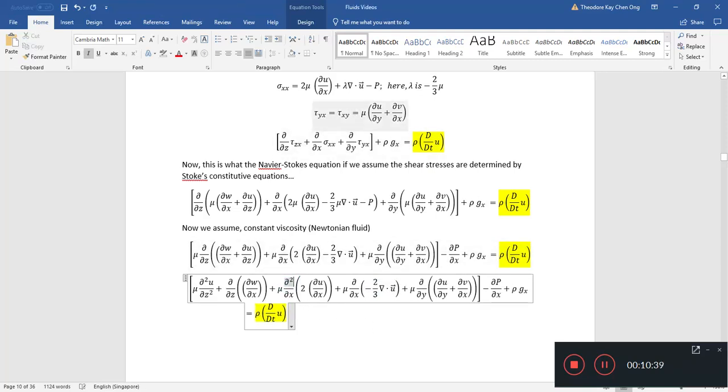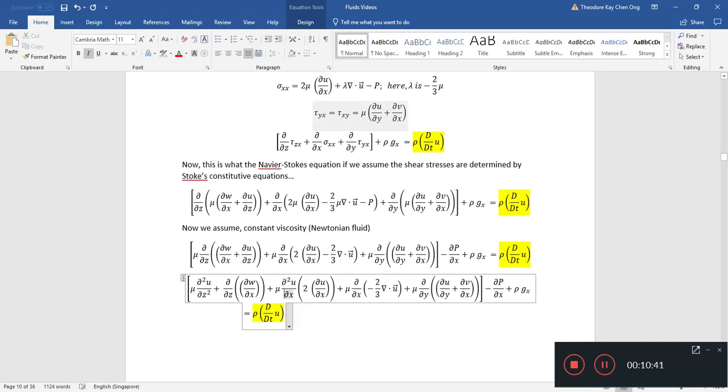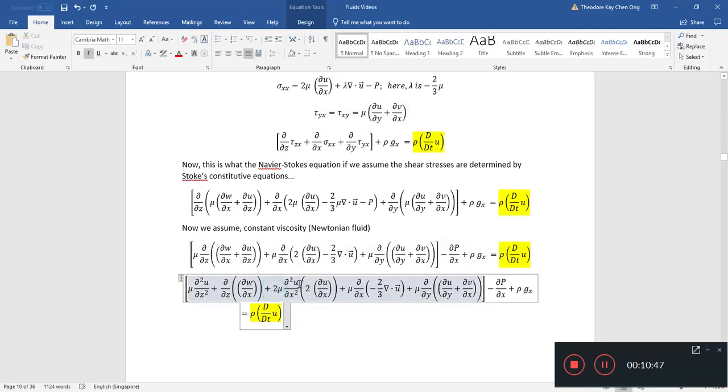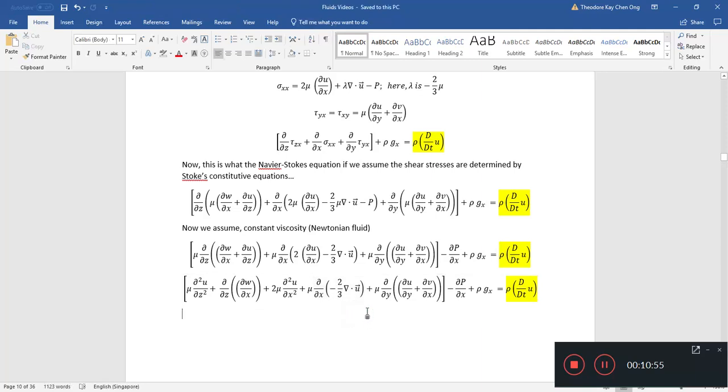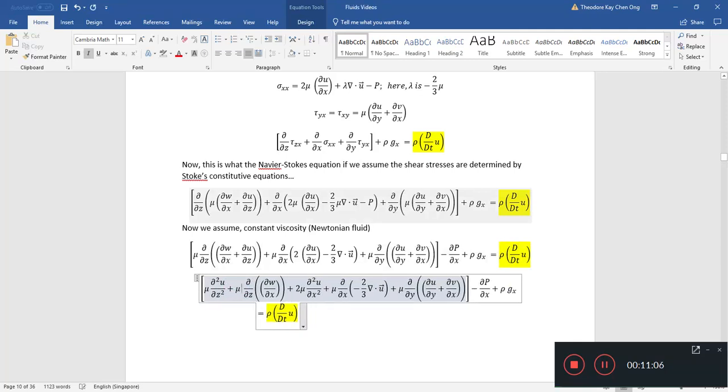Partial square u, partial 2u, partial x squared. Alright. I'm just going to try and trim down the equations. Okay, this one I will leave as it is. This one, okay, there should be a mu here.